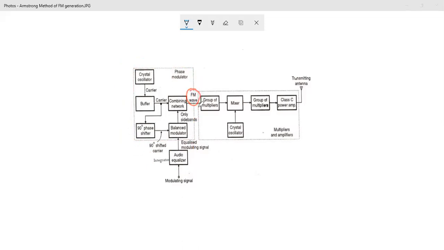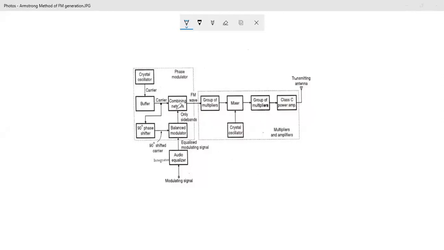Whatever FM signal we have got is passed through the group of multipliers, the mixers, then the class C power amplifier, and there should also be a band pass amplifier so that the intended signal can be obtained.